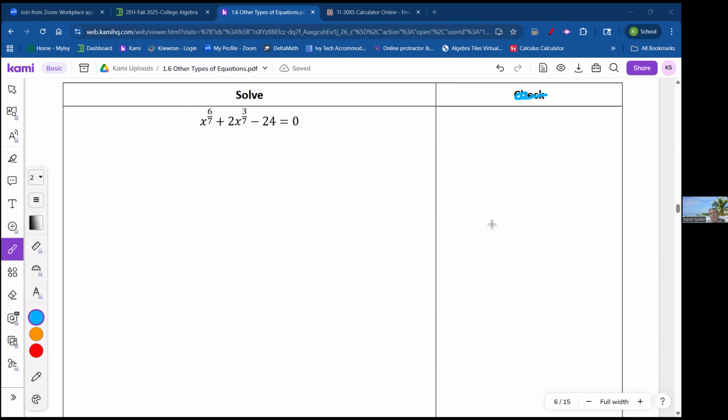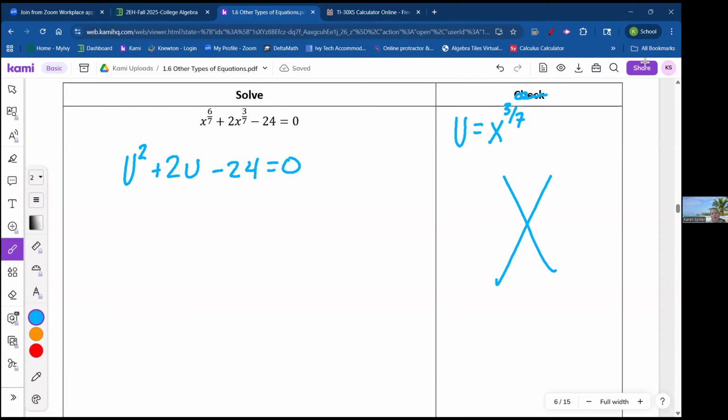Okay. In this case, guys, u is equal to x to the 3/7. So you get u squared plus 2u minus 24 is equal to 0. And what multiplies to give me negative 24 and subtracts to give me 2? 6 minus 4.